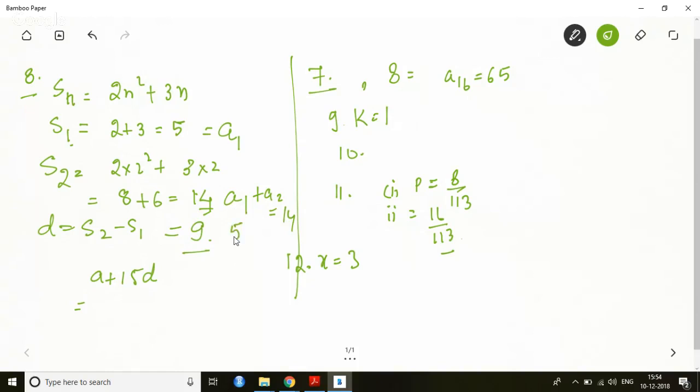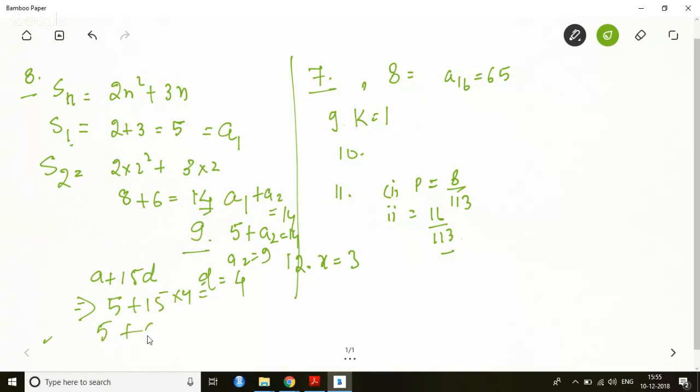A1 is equal to 5, so A2 would be 9, not D. So D comes out to be 4. So this would be 5 plus 15 into 4. That comes out to be 5 plus 60, which is equal to 65. So this is how you have to do question 8.